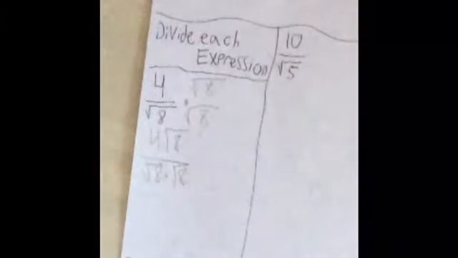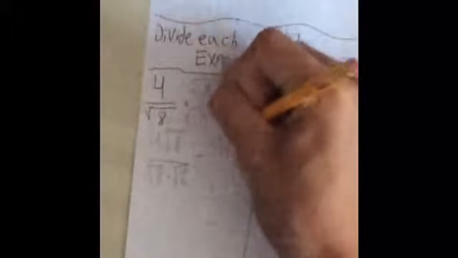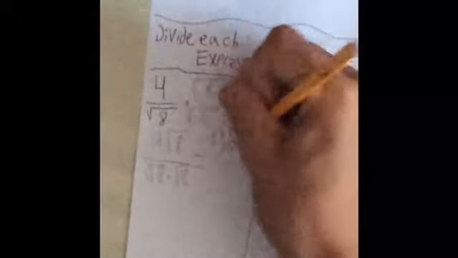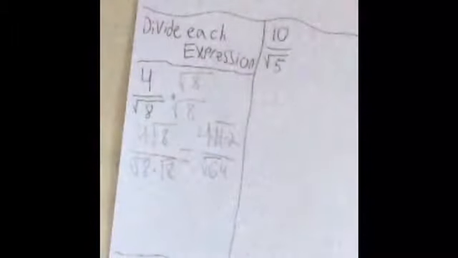That simple. The next step is to multiply that. So it equals 4 times the rad of 4 times 2 over rad 64. Then all we're going to do is simplify that.